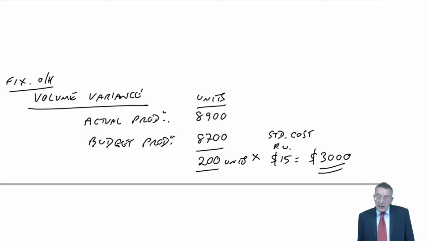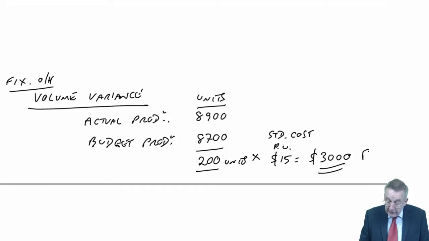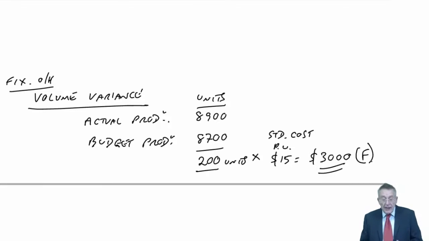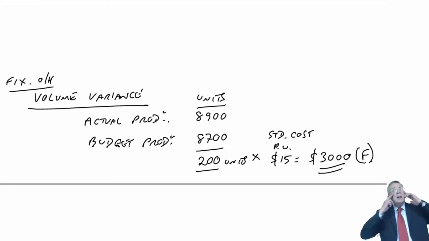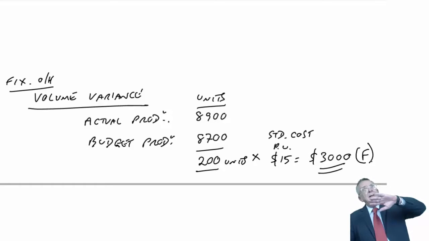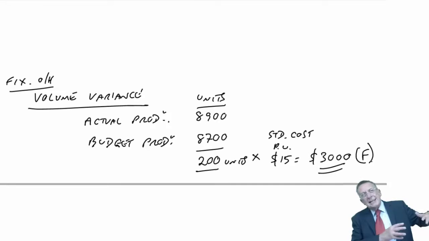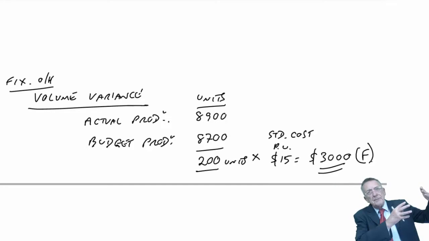Well, this here is favourable, and the strict reason is, think about it, if you produce more, the fixed overheads per unit strictly should be less. And if the cost per unit is less, profit's higher.